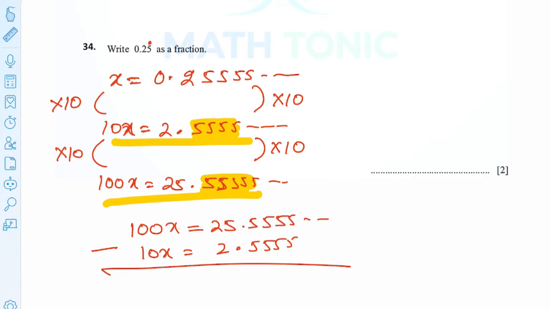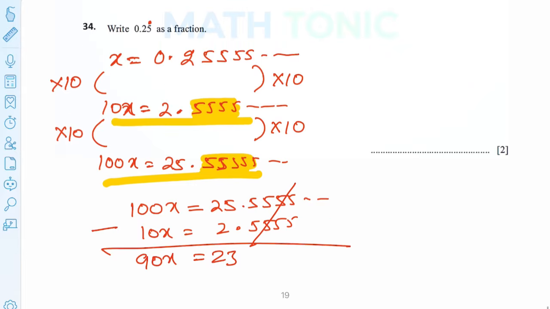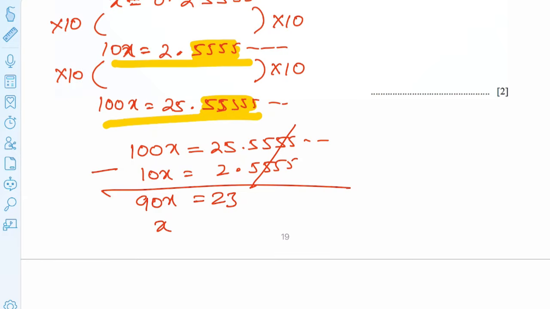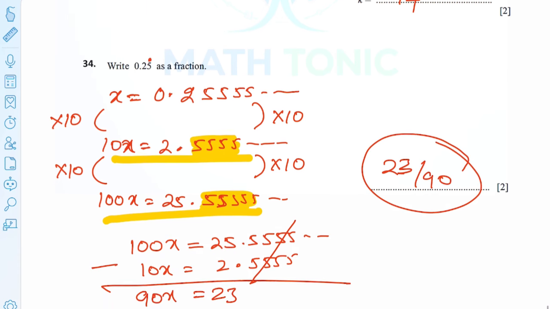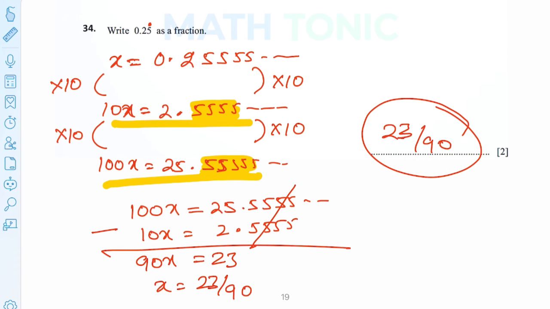Minus it, so it will be 90x equals 25 minus 2 is 23, and this side I cancel because they are exactly the same. So we can say x equals 23 over 90, and this answer I got, 23 over 90, as a fraction. Okay, so I think this is all the answers I've done here.